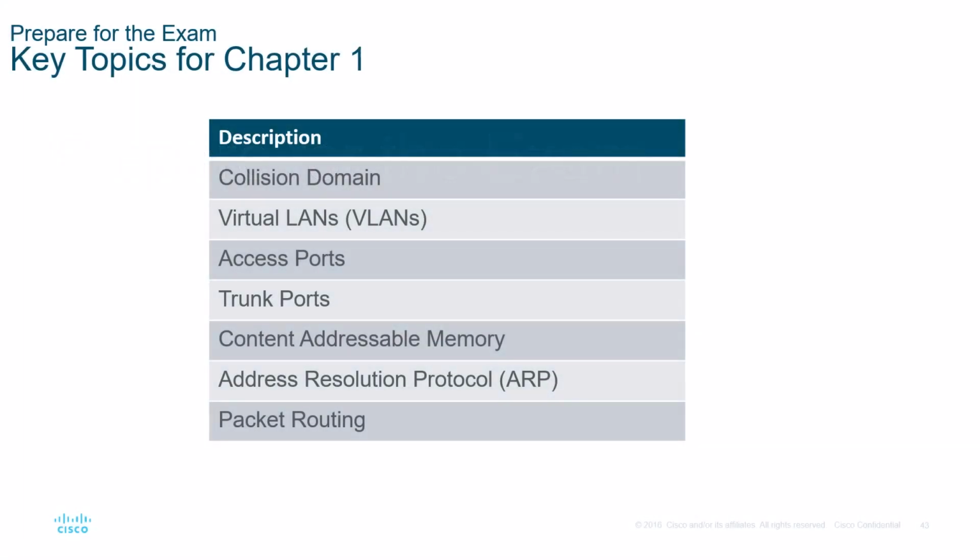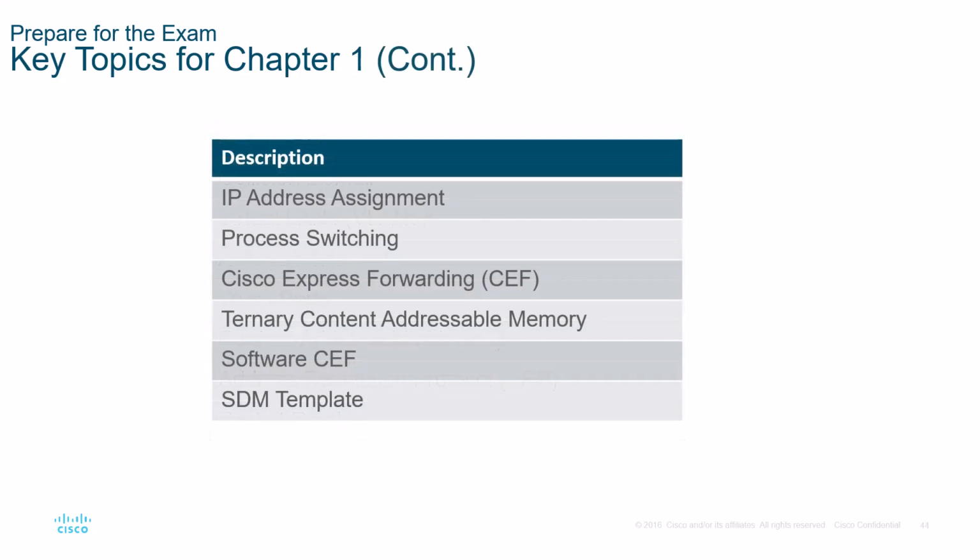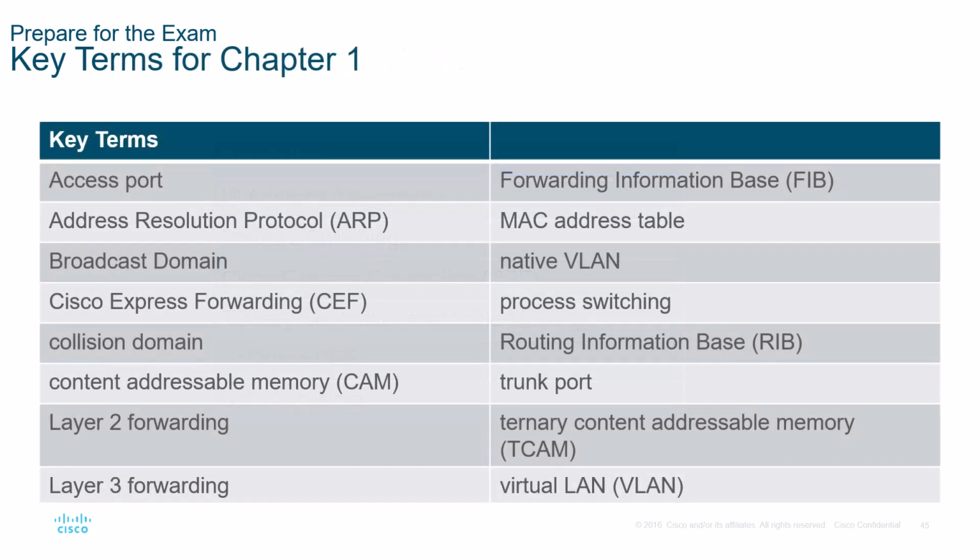All right, that is it for this module. Key topics were collision domains, broadcast domains, VLANs, port types, access, trunk, tagging, TCAM, CAM, ARP, how forwarding and routing works, switching, all of that fun stuff.